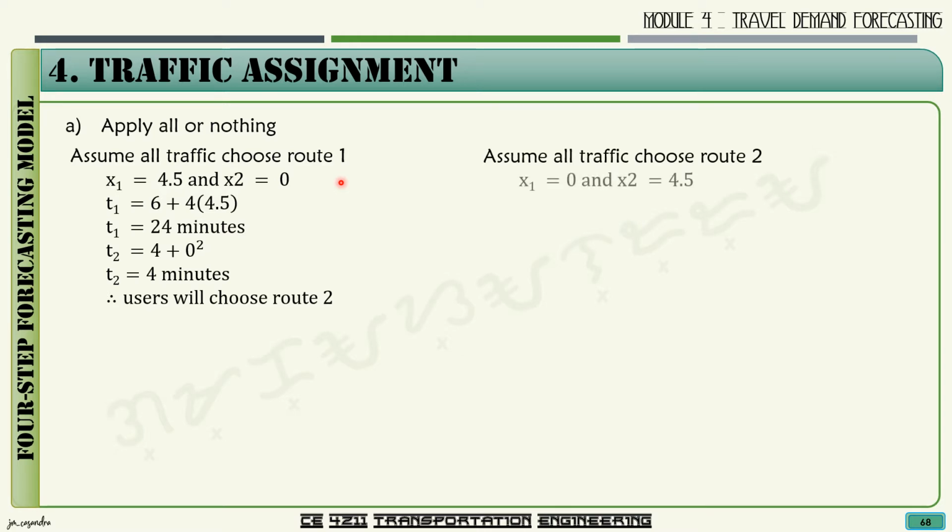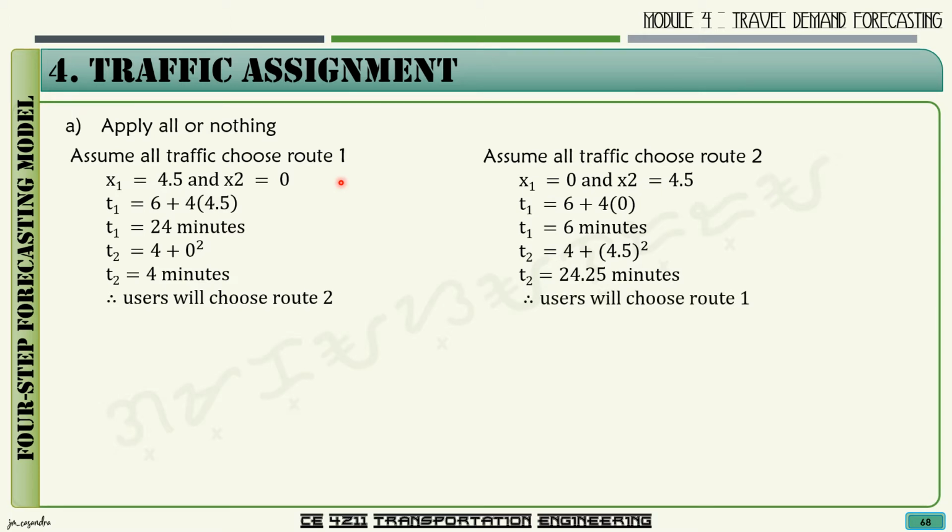So x1 now will be equal to 0, and x2 will be equivalent to 4.5. With this, T1 is equal to 6 plus 4 times x1, which is 0, giving us T1 equivalent to 6 minutes. And T2 is equal to 4 plus 4.5 squared, giving us a value of 24.25 minutes.